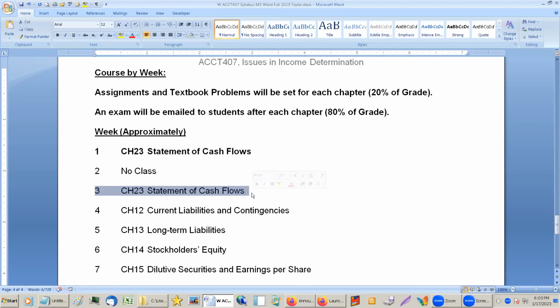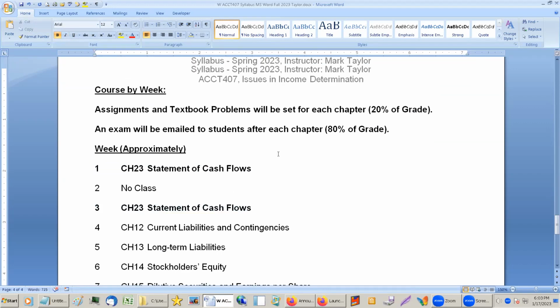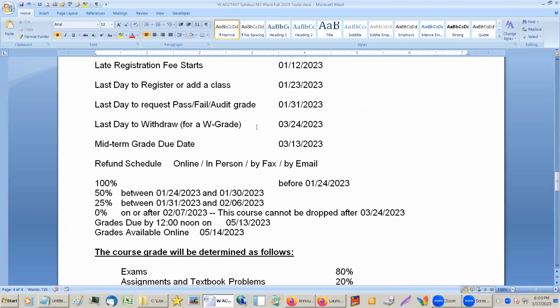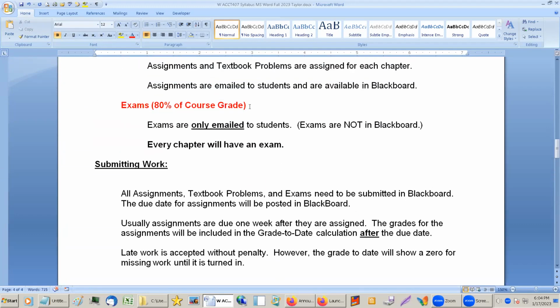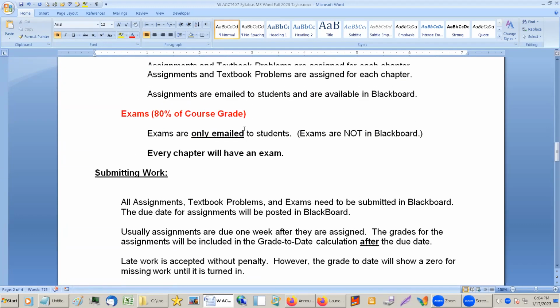We probably won't get to it till week 3. Every chapter will have an exam. The reason for doing that is that people generally retain more if you have a lot of exams that are smaller, and they also generally do better. So that's part of the reason, mostly for the retention, but also because people generally do better with it.